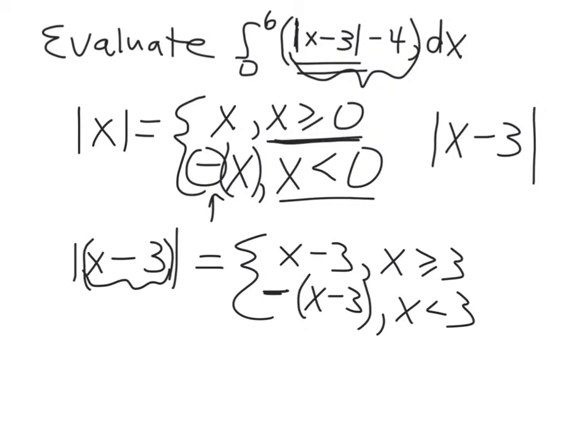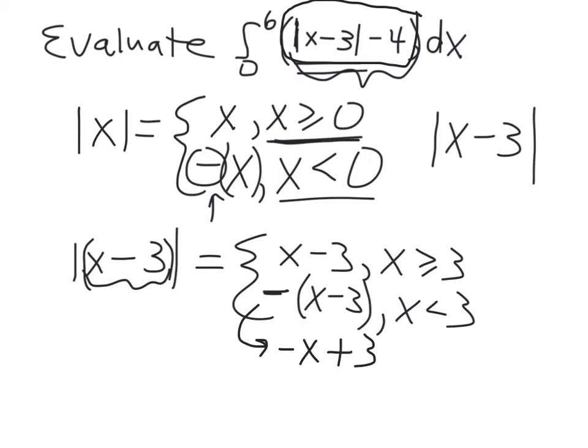And for that part, if we want, we could multiply the negative through, opposite of x plus 3 would be that part simplified. And then finally, the entire function we're looking at, it's that absolute value and then minus 4.